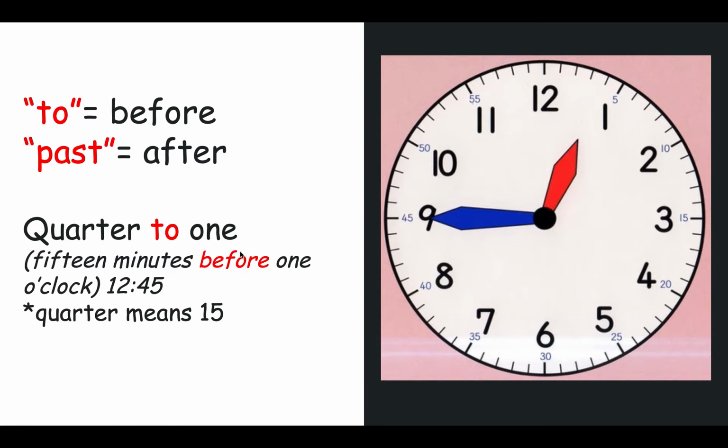Quarter to 1. Now, teacher, why does it have to be quarter? Why not 15? Because it's 15 minutes, right? 5, 10, 15. 15 minutes before 1 o'clock. When it's 15 minutes before the hour, usually we use quarter.